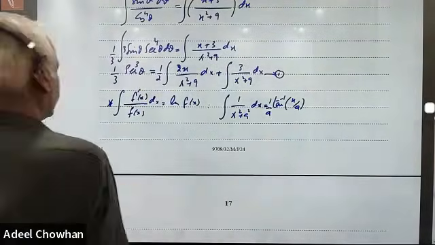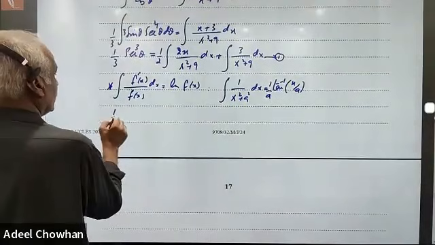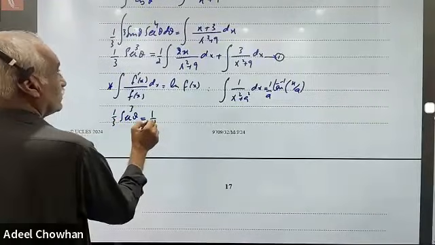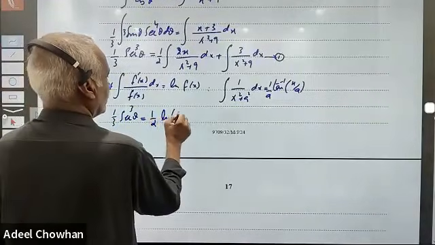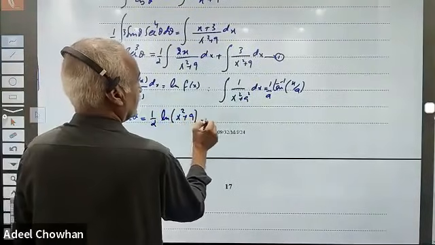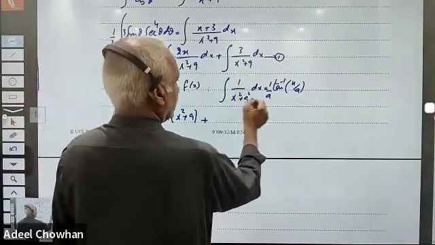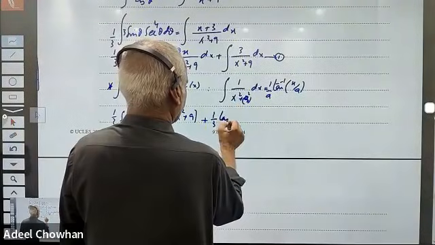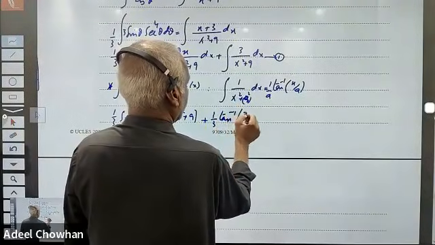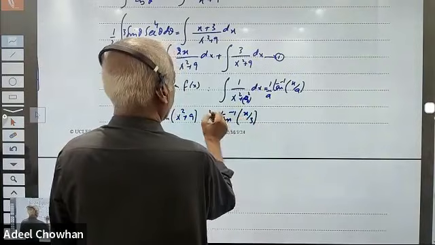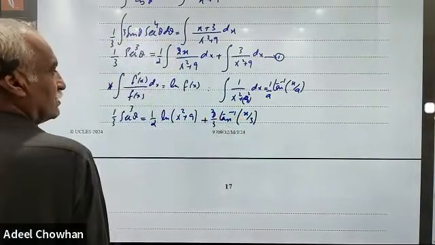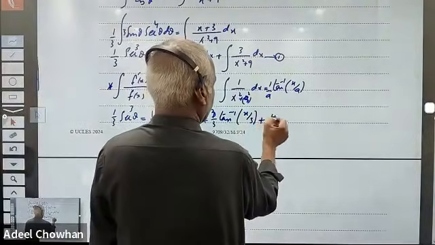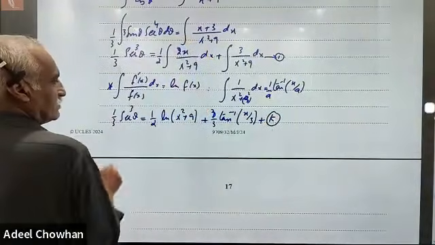So you can write 1 over 3 secant cube theta is equal to 1 over 2 log of (x square plus 9), where 9 is basically 3 square, plus 1 over 3 tangent inverse of x over 3, times 3, so 3 over 3 tangent inverse of x over 3, plus constant of integration k.